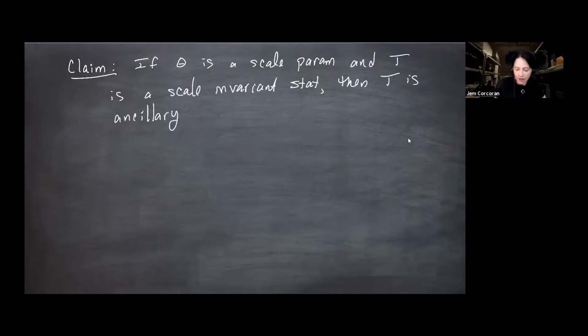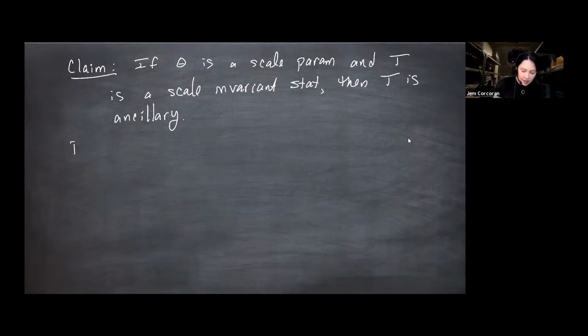On the homework that's coming out today, you're going to have to prove the same thing, but replace all instances of scale with location. And you can replace them all with inverse scale and it still holds, but I won't bother to write that down as a whole separate thing.